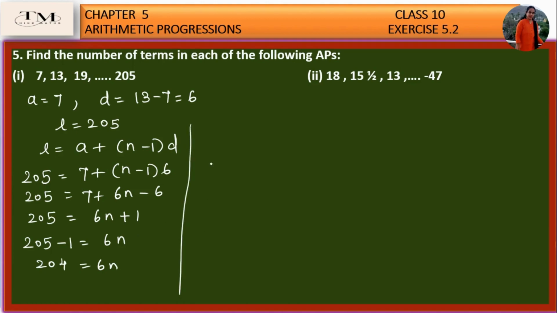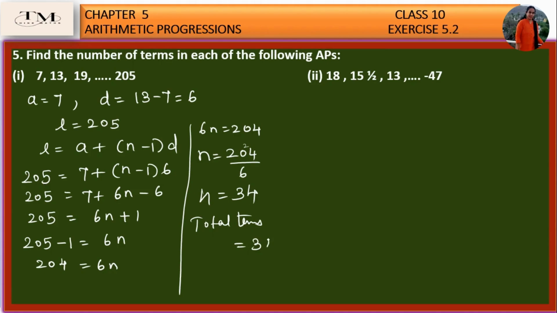Then n will be equal to 204 divided by 6. How many times does it go? 20 goes 3 times, 6 3s are 18, balance will be 2. 6 4s are 24. So there are 34 terms. Total terms equal to 34.